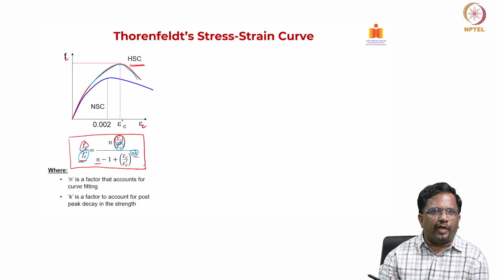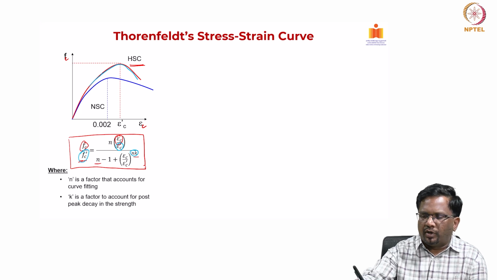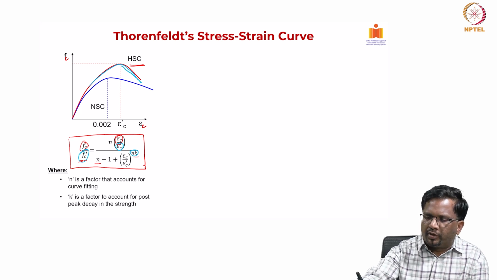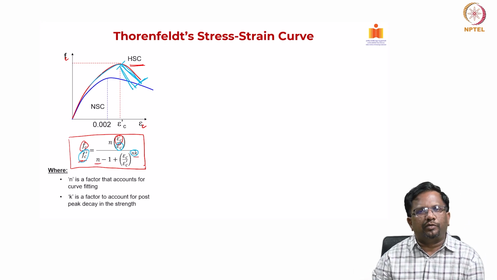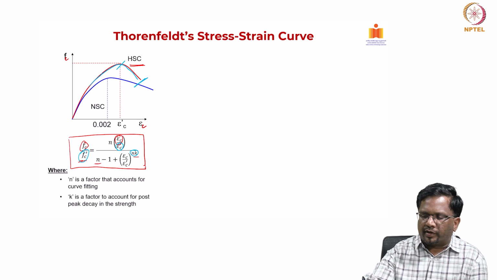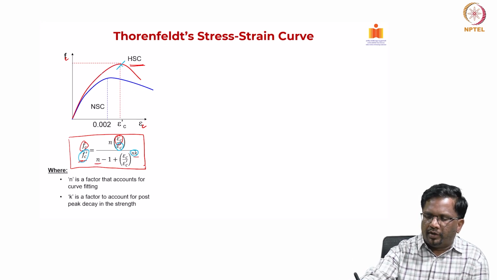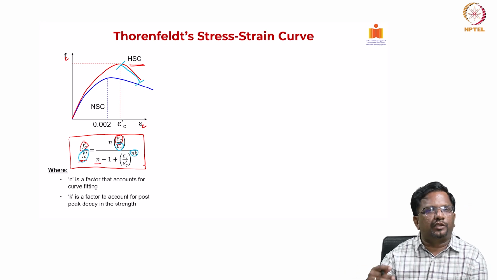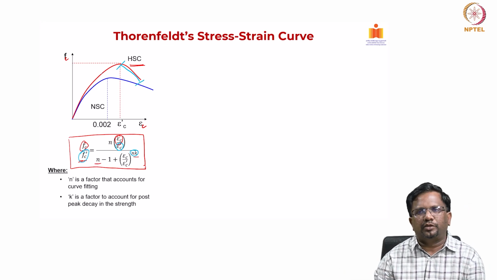And k is a factor that accounts for how steep this particular post peak behavior is, whether it is going like this or this or this, is given by the k factor. So, it talks about post peak decay in strength, how fast it is decaying in its strength. So, these are the two parameters.